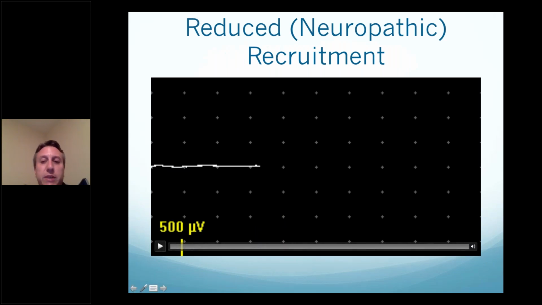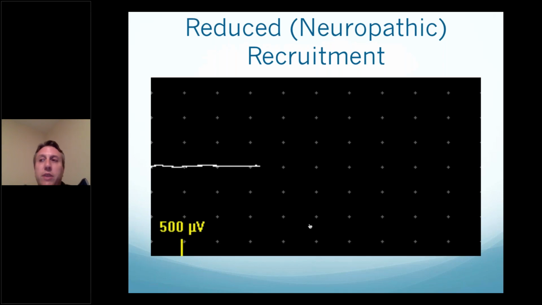It's reduced because as the person contracted harder, there were fewer motor units available for them to recruit. So it's kind of like a misnomer. You think of reduced meaning that you see less of it. It's less of a total number of motor units, but the motor units that are there fire faster because there are no other ones left.